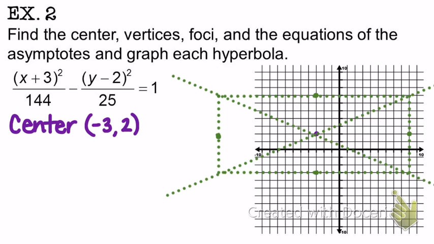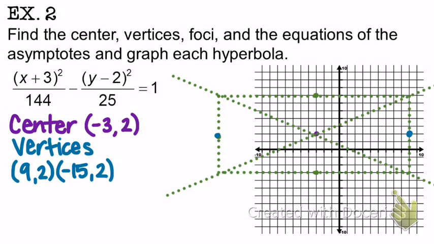Since x squared is first in this equation, this makes this a horizontal hyperbola. So your vertices are the points that are on the left and right side of the box. Since we went 12 spaces left and right, you could add 12 and subtract 12 from your center. Those points will be at 9, 2, and negative 15, 2.